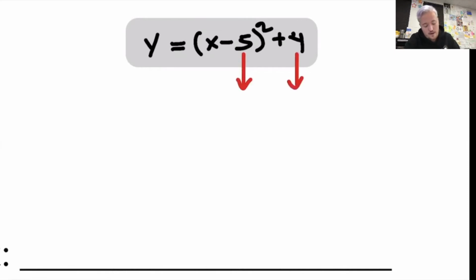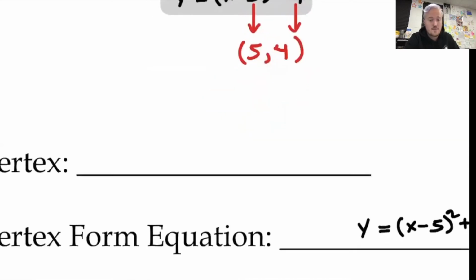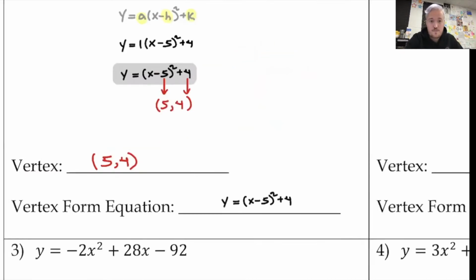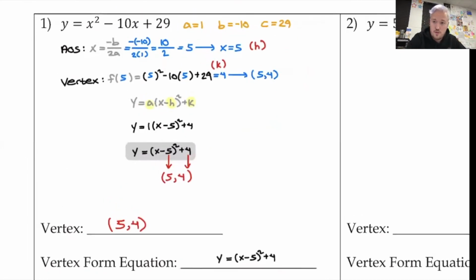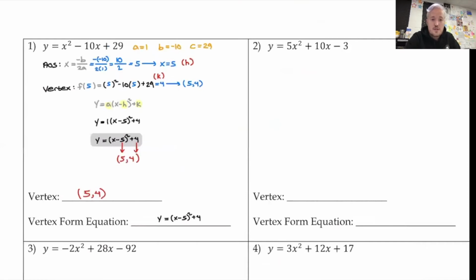We want to take the opposite of the h value. Even though it's negative out here in the front, we know it's still a positive 5. However, if it was x plus 5 all squared, then it would be a negative 5. We're taking the opposite. So our vertex here is just going to be 5, 4. This is what your practice problems are really going to look like, and this is a good idea of what work you should be showing. Let's look at the next one.